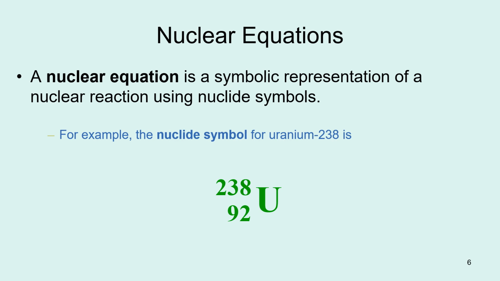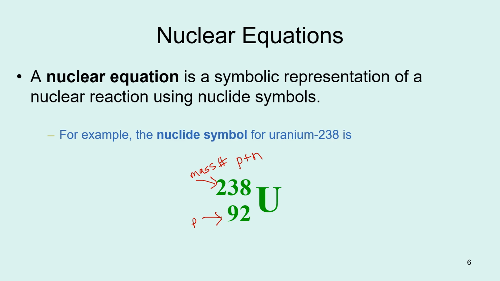It's been a long time. We talked about this at the beginning of the year, and now here at the end. Remember that the bottom number is the number of protons, or the atomic number. So uranium is element number 92. It has 92 protons. Remember that the top number is the mass number, and it's equal to protons plus neutrons.